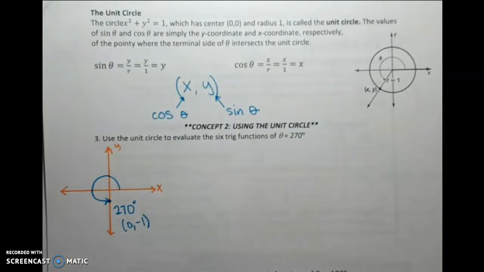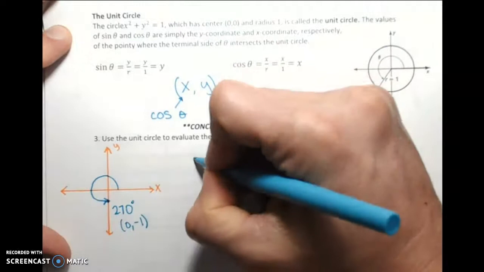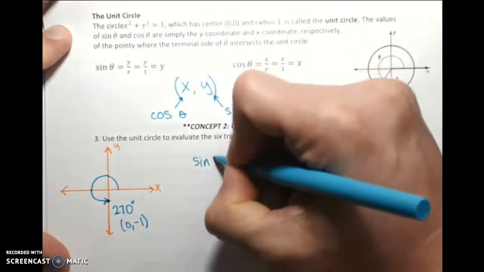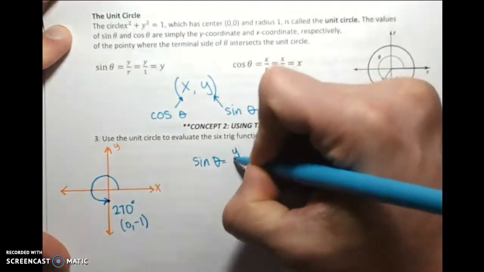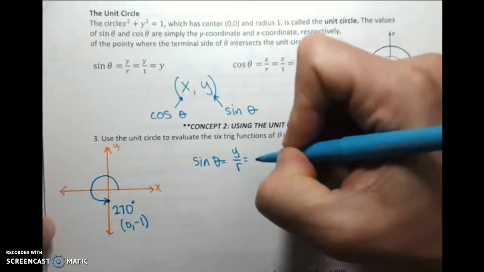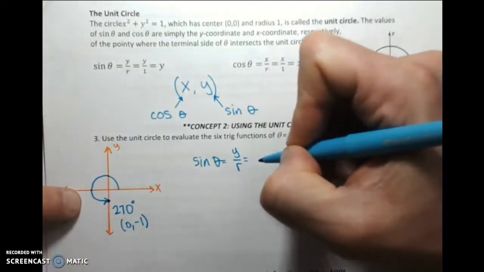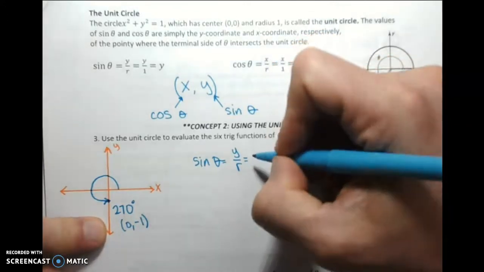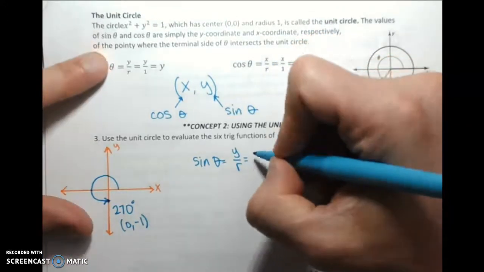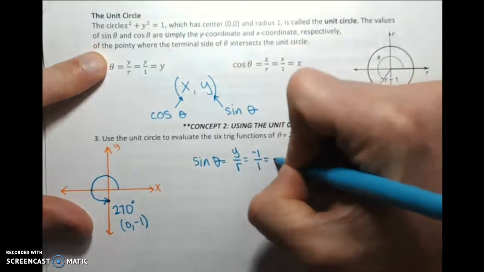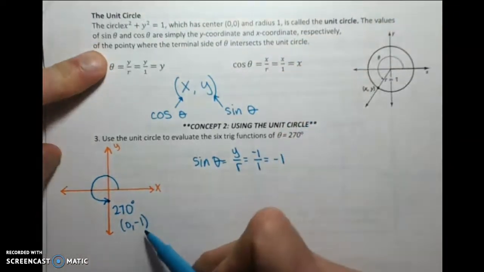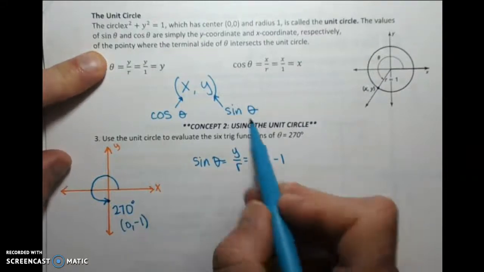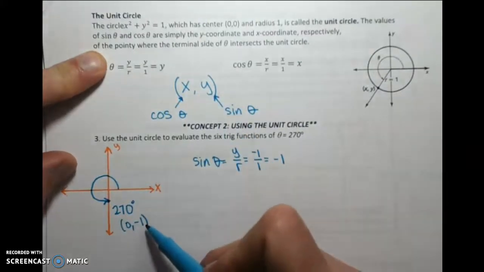Now I'm going to refer to those 6 trig functions. Sine theta equals y over r, and again r is 1, and y is negative 1, so negative 1 over 1, which is negative 1, which was just the y value in the ordered pair. I didn't even have to do all that. I knew it was going to be negative 1 just by looking at that.